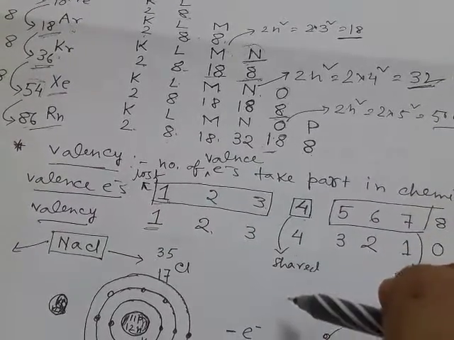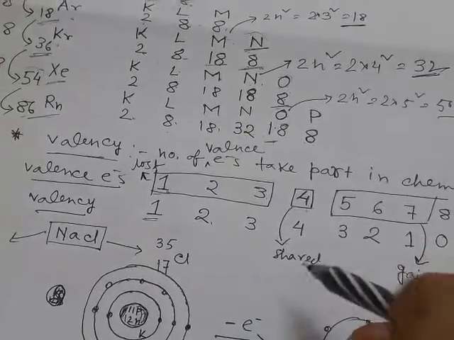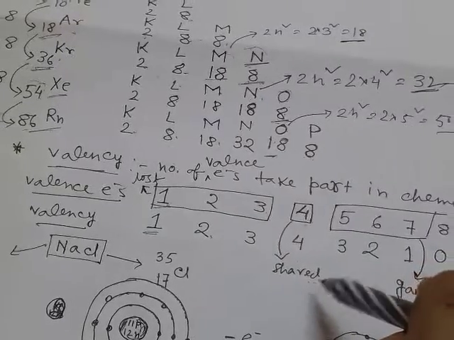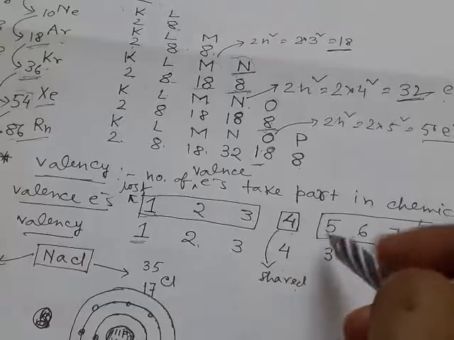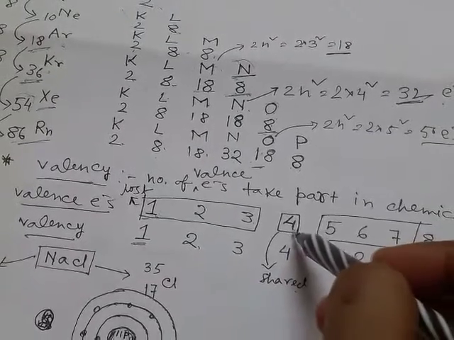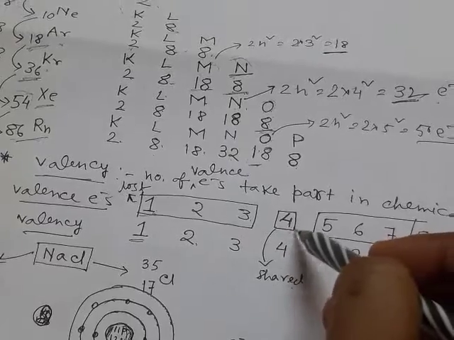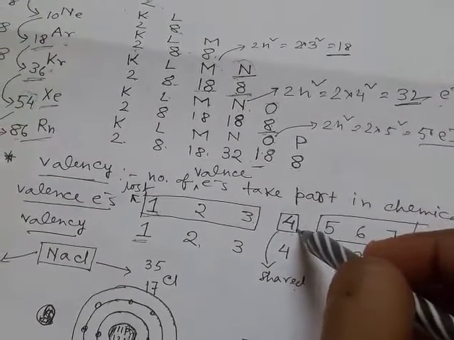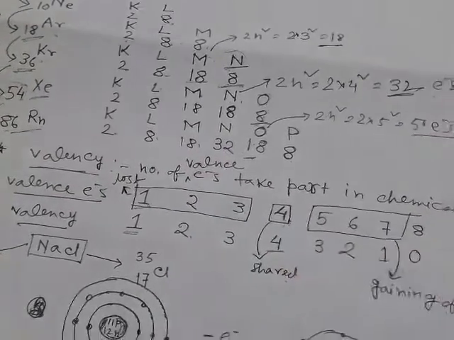You will know later in the bonding part about this sharing. So these 4 electrons will be shared, and the atom thus can take part in a chemical reaction. So the 4 electrons that are shared are taking part in the chemical reaction, so the valency will be 4.